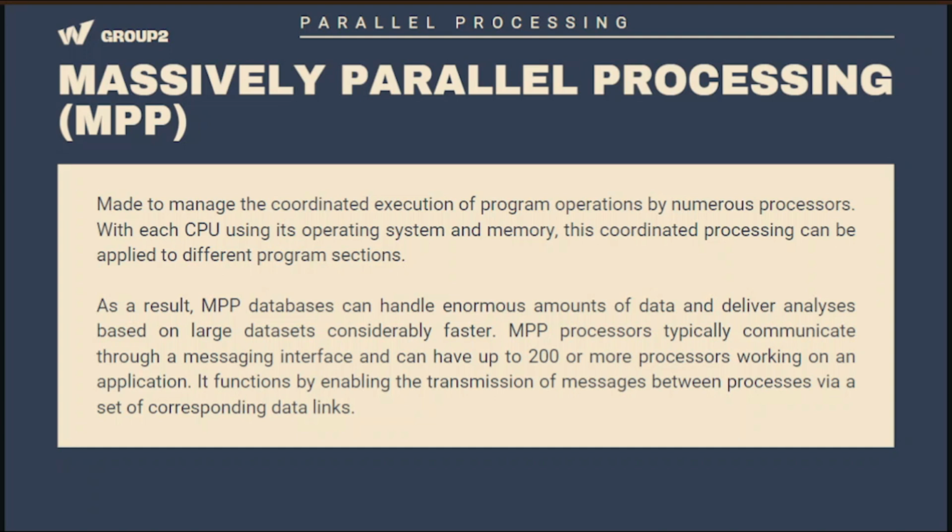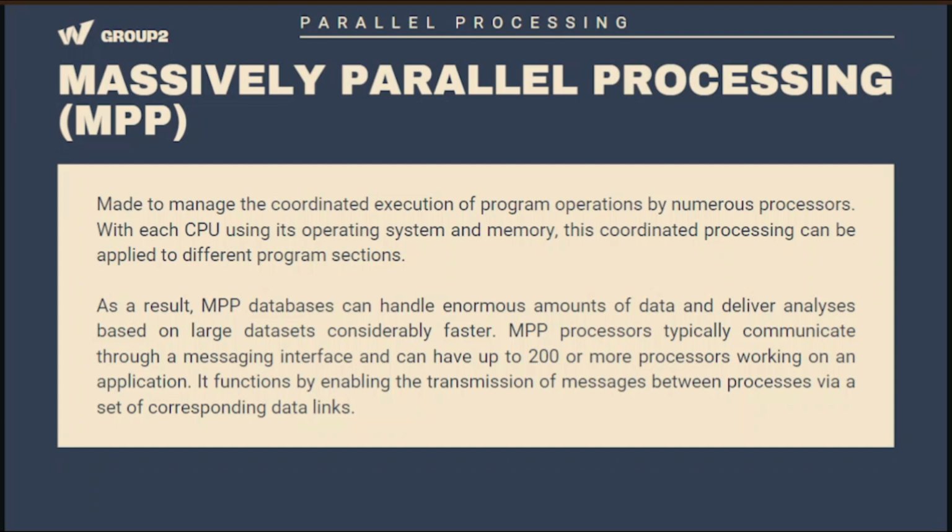This coordinated processing can be applied to different program sections. As a result, a parallel processing or MPP database can handle large amounts of data and deliver analysis based on large datasets considerably faster.